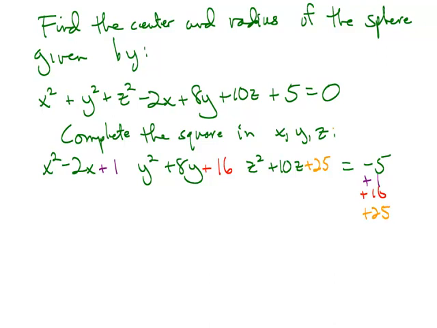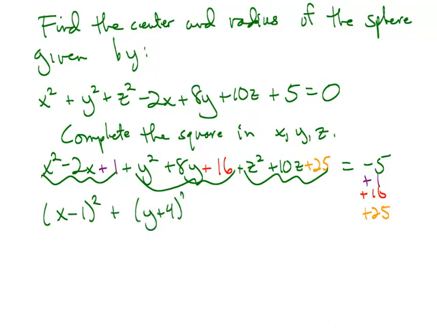Now, completing the square the way we've done it should allow us to factor. Not only will this equation factor on the left side, but these three trinomials should factor into two of the same thing, and that's going to be the case. This factors into (x minus 1) quantity squared. This factors into (y plus 4) quantity squared. And the last trinomial on the left side factors into (z plus 5) quantity squared.